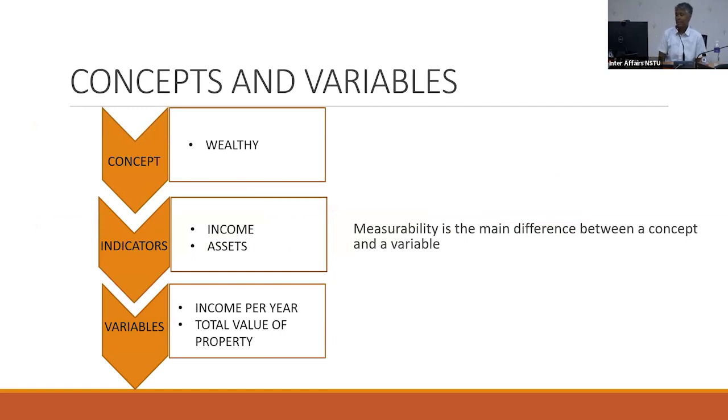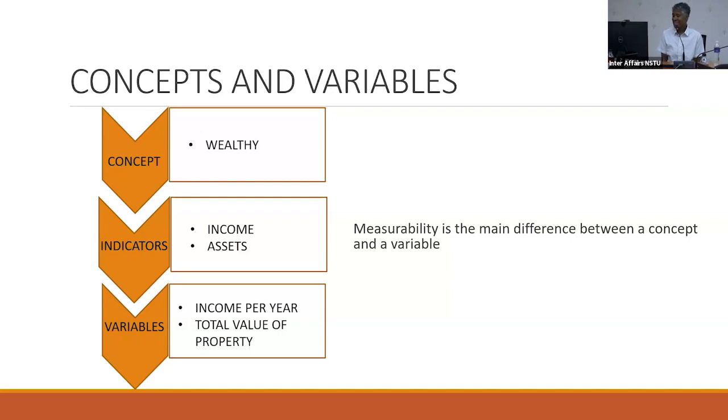So let's give an example. If I'm interested in the concept of wealth or wealthy or rich, my concept is wealthy. My indicators are a person's level of yearly income and how much assets they have, such as how much money in the bank or how much property they own.